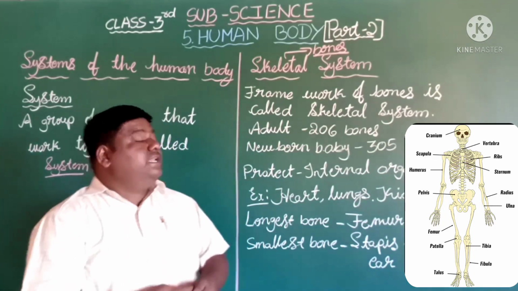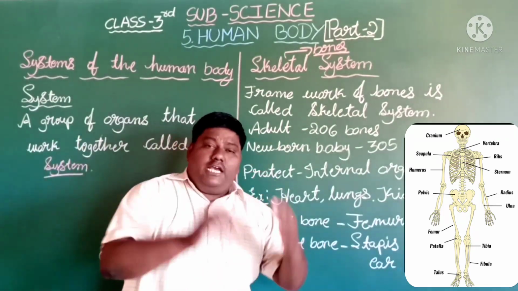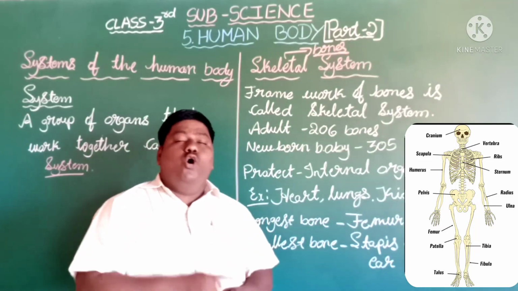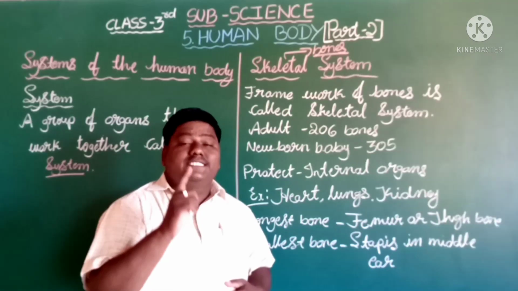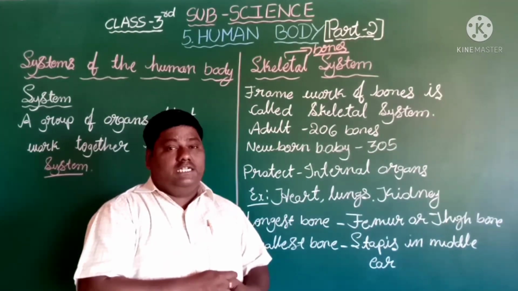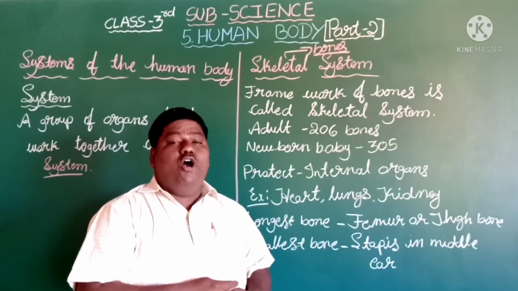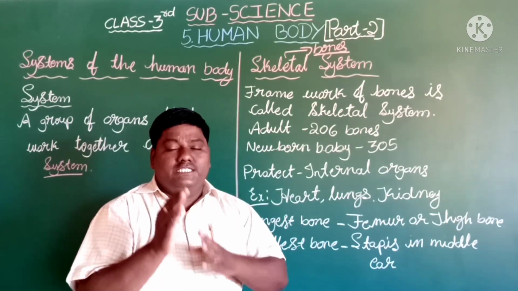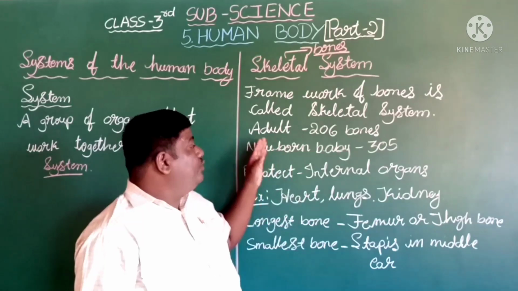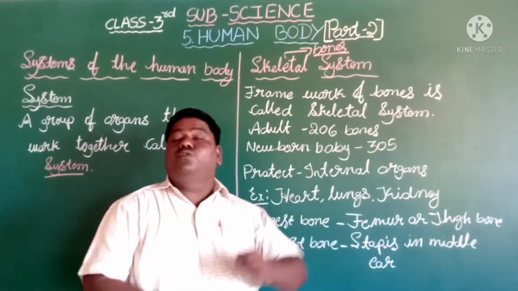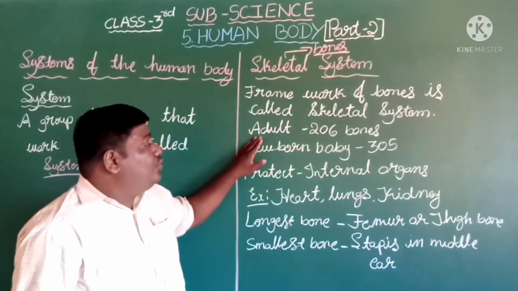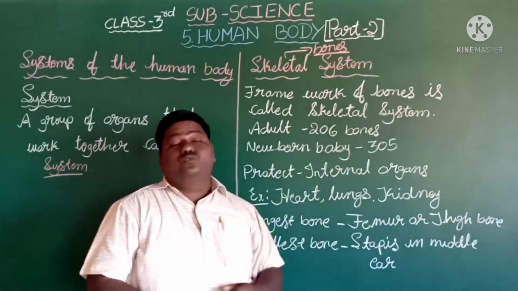Actually, the skeletal system is made up of 206 bones. Dear children, tell me how many bones the skeletal system is made up of. 206 bones. In adults, we are seeing 206 bones.